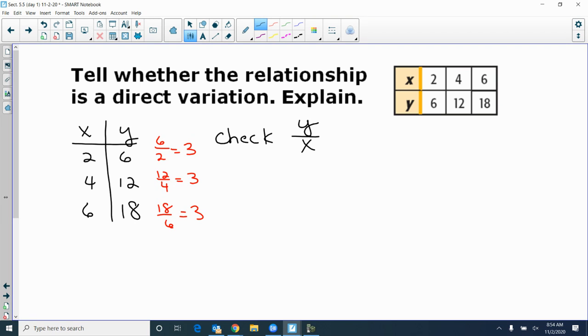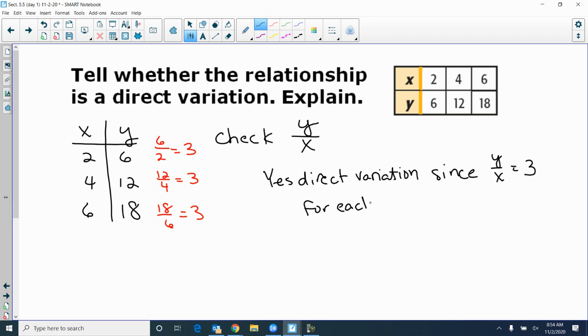So is it a direct variation? Yes. Direct variation, since y divided by x equals 3 for each pair. Now, even though it doesn't ask me, what does k equal in this case?